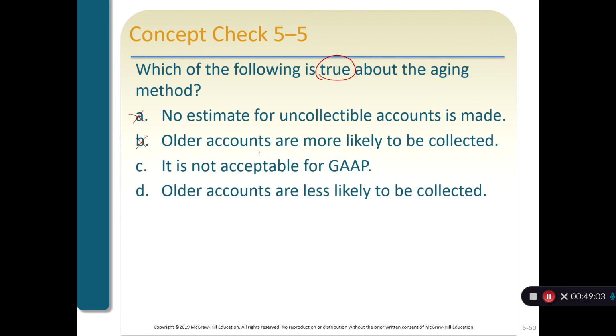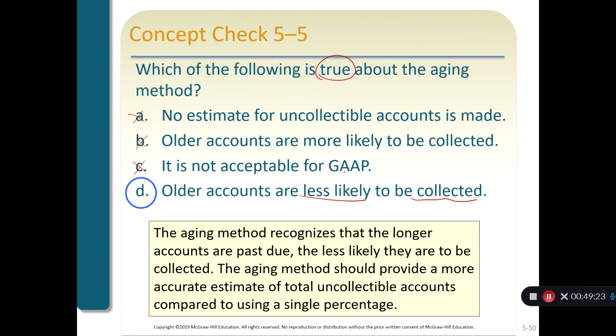The longer people wait to pay you, the less likely they will pay you. The dimmer the hope is that you're going to get paid, right? So it is not acceptable by GAAP? No, it is acceptable. Older accounts are less likely to get collected, right? Okay.